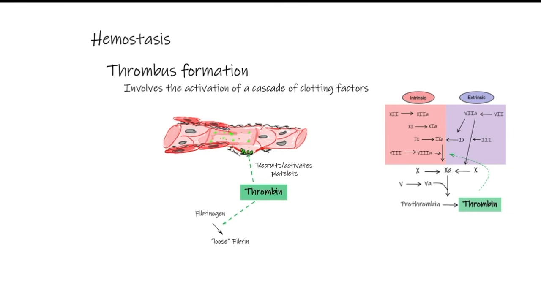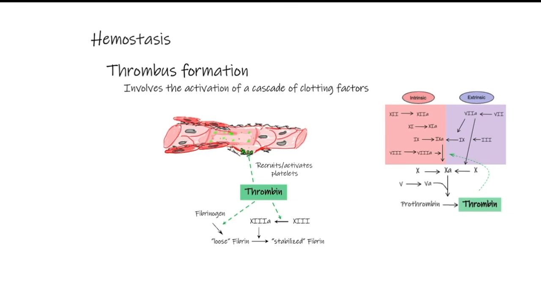It will catalyze fibrinogen, which is a soluble protein, into fibrin, and these proteinaceous fibers will then loosely aggregate with each other. This will play an important role in beginning to lock this platelet plug in place. But to complete that process, thrombin will also convert factor 13 to 13A, and factor 13A converts the loose fibrin into stabilized fibrin.